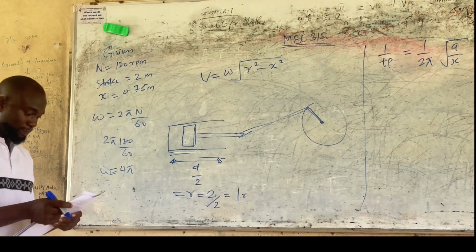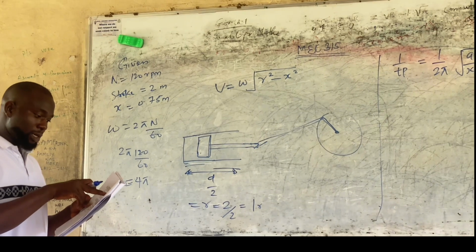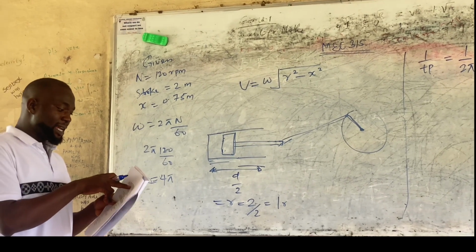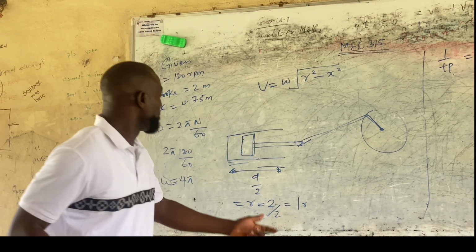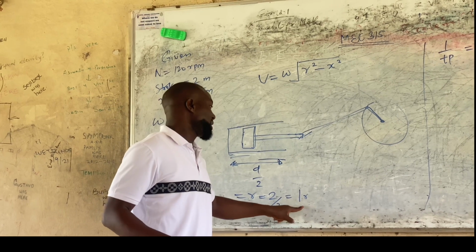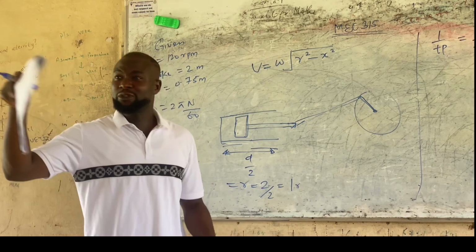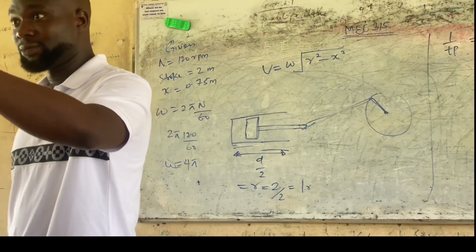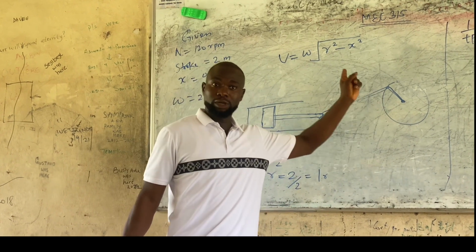They give us a displacement of 0.75 meters, which is not up to our amplitude, which is 1. That 0.75 will now be our X, while 1, the amplitude, will be our R. Do you understand my point?